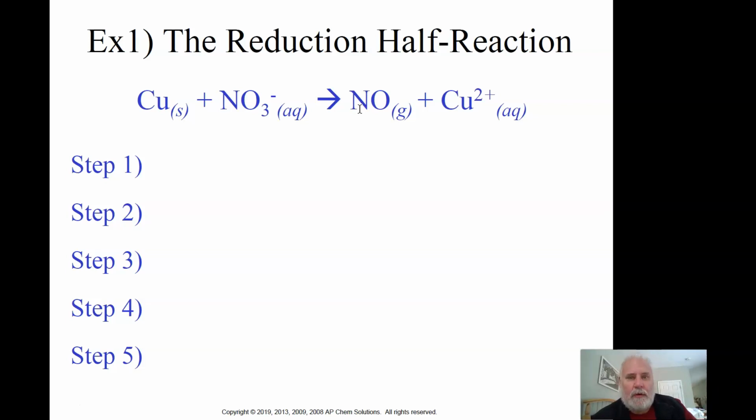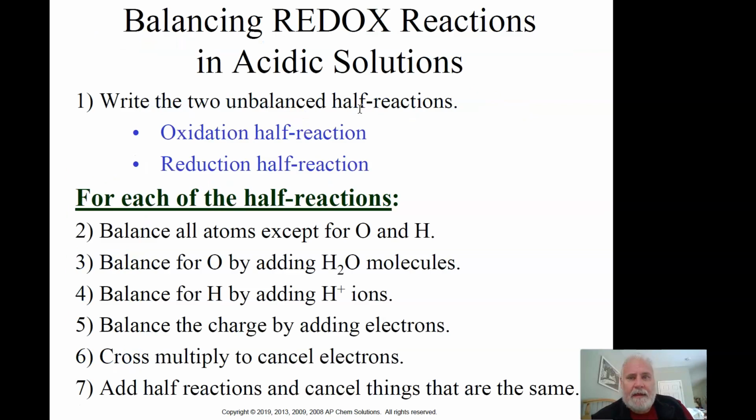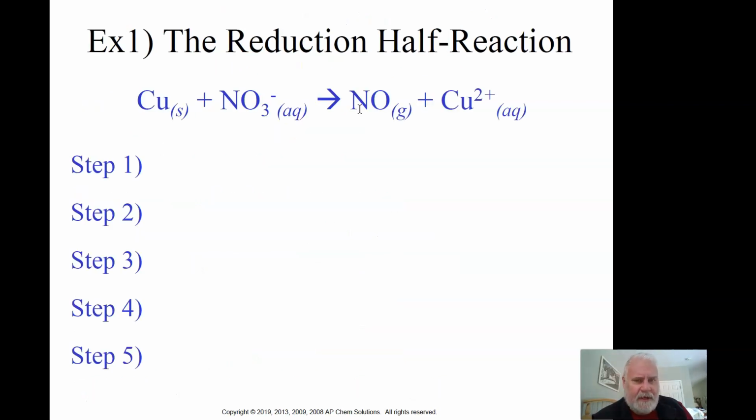Okay, so therefore the part that I write in step 1 is to say NO3- aqueous turns into NO. That's the reduction reaction. Okay, now just going back quickly, step 2 says balance all atoms except for oxygen and hydrogen. Oxygen and hydrogen are the key things to get balanced here.